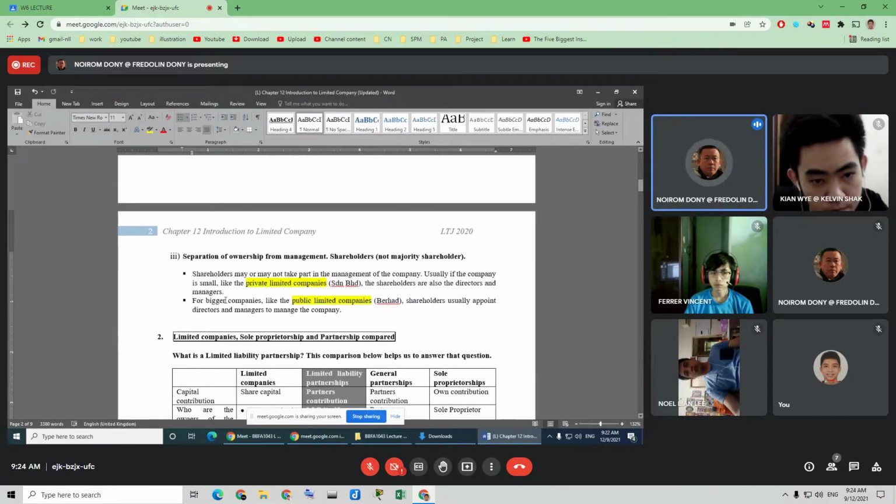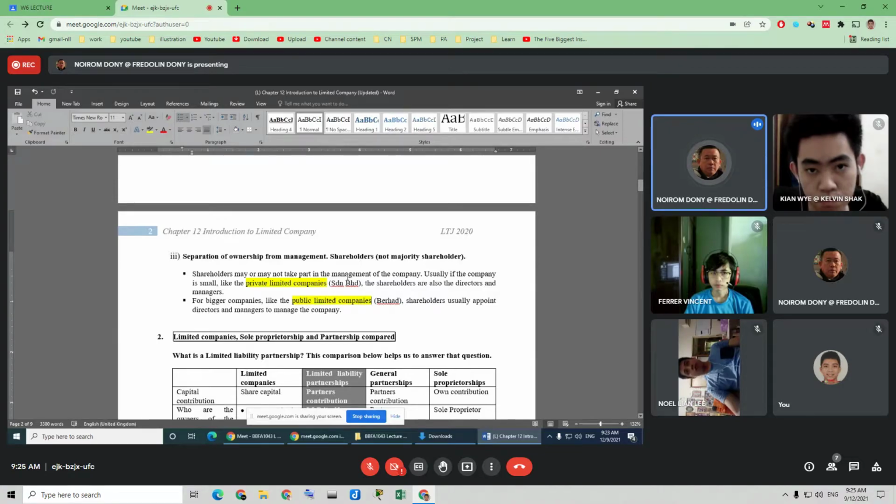For a bigger company like a public limited company, shareholders usually appoint directors and managers to manage the company. They cannot participate in the management, because of the characteristic of separation of ownership from management. But in a private limited company, the shareholders can be the directors, can be the managers.